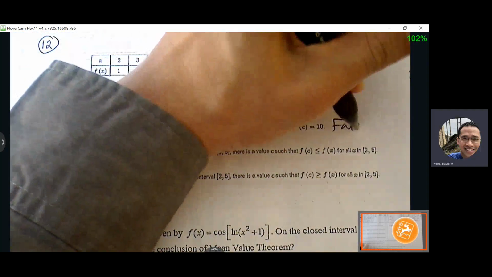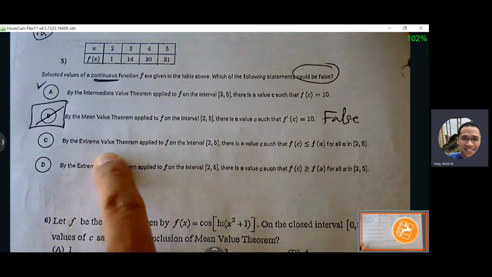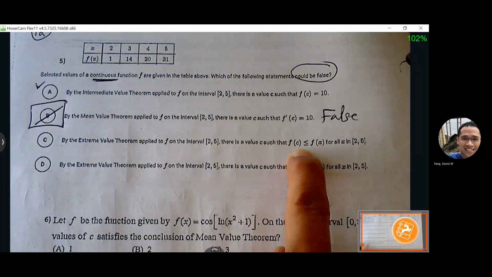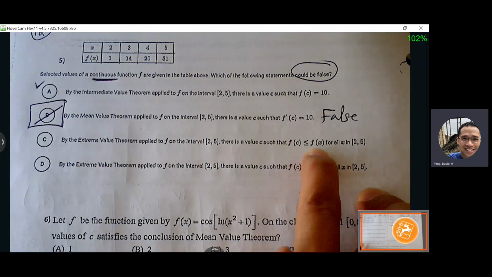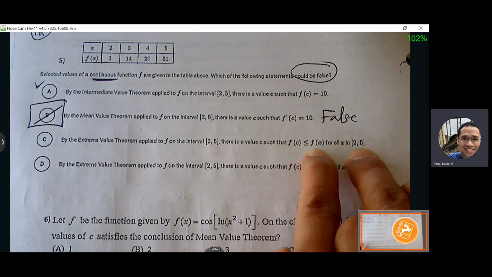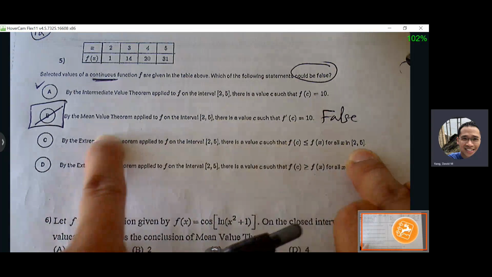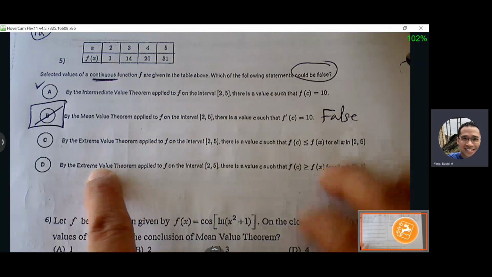But I want to keep looking at the other ones here. By EVT, there exists a value such that f of c is less than or equal to f of x for all x on the interval from 2 to 5. EVT only requires continuity.